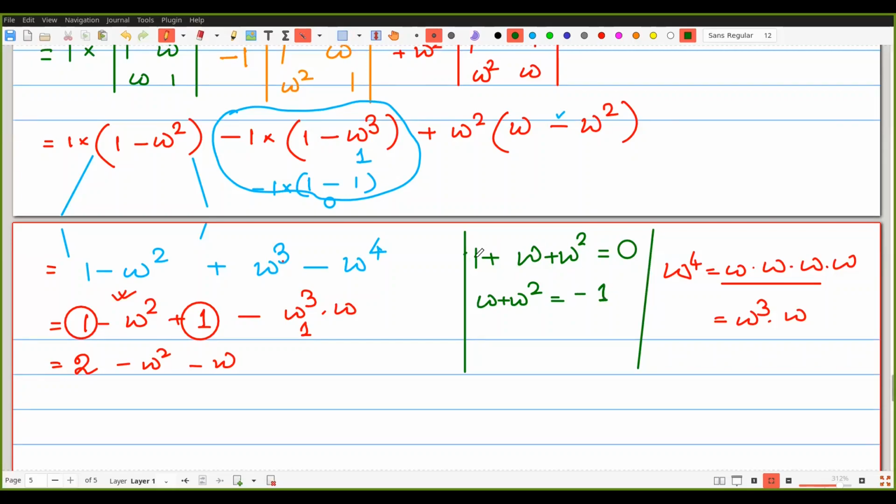Here we write 2, taking them common, minus omega square plus omega, and omega plus omega square can be written as minus 1. So 2 minus of minus 1 is equal to 3. That is the result.